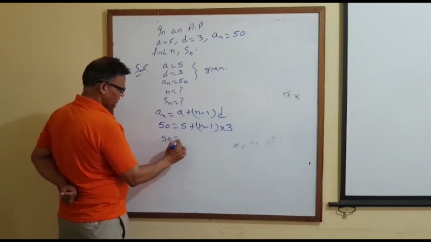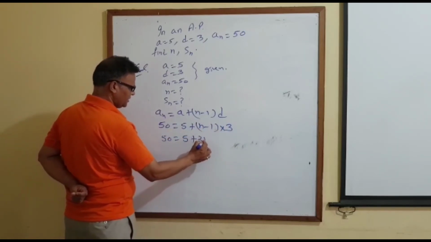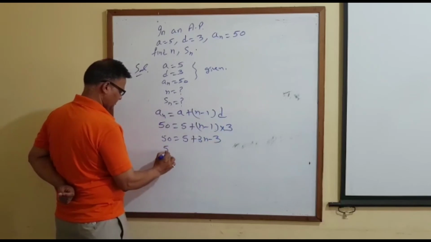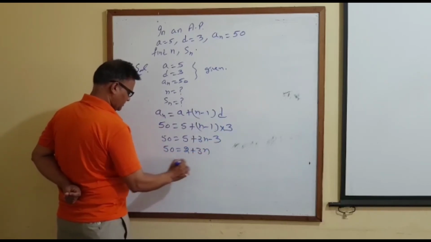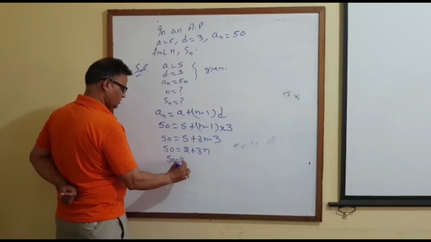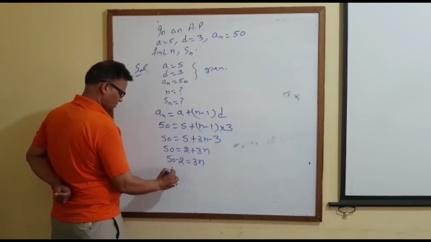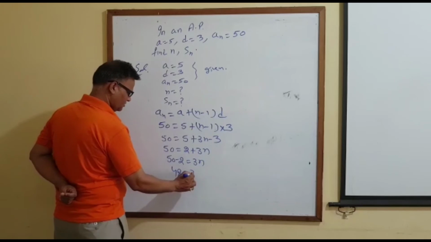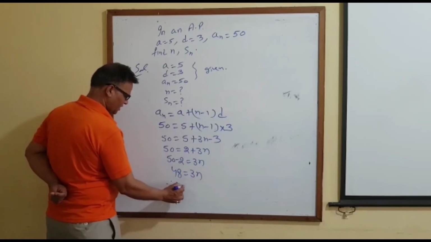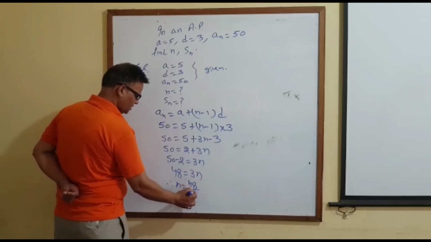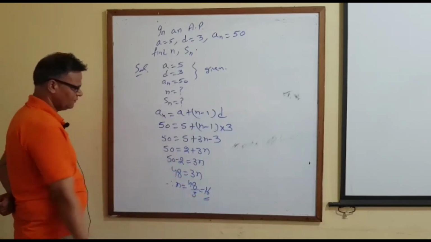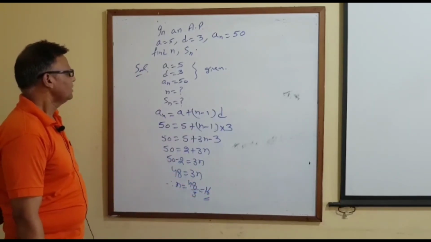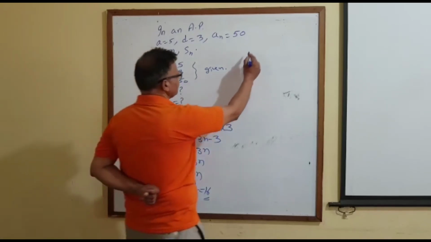So 50 is equal to 5 plus 3n minus 3. 50 is equal to 2 plus 3n. 50 minus 2 is equal to 3n. 48 is equal to 3n. Therefore n is equal to 48 over 3, that is 16. We get the value of n. Now we can find Sn.